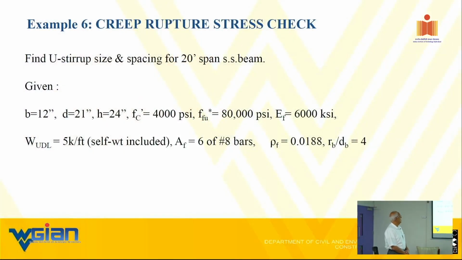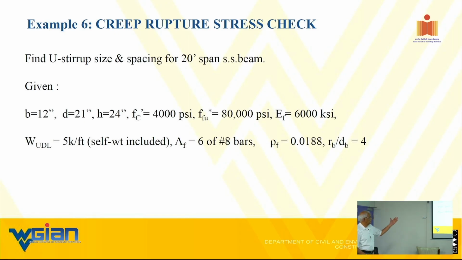Okay, so now we are going to another example where we will have a creep rupture stress check. Find the U stirrup size and spacing for a 20-foot span simply supported beam.